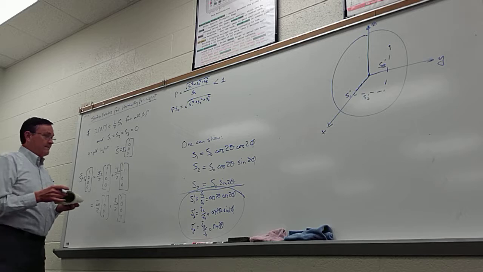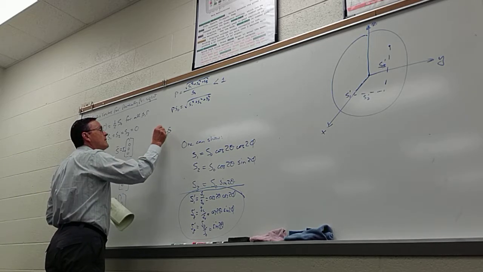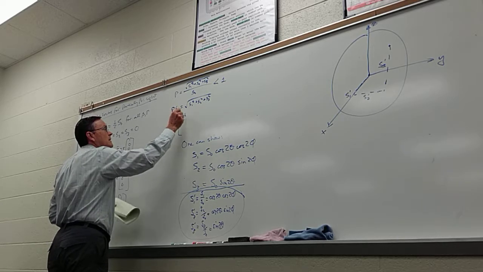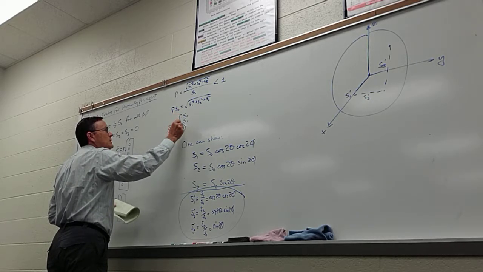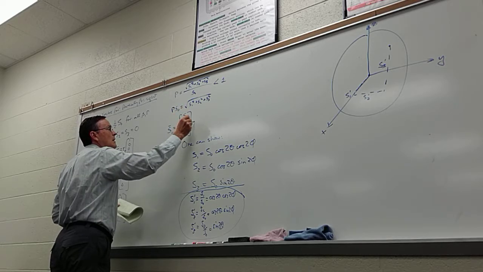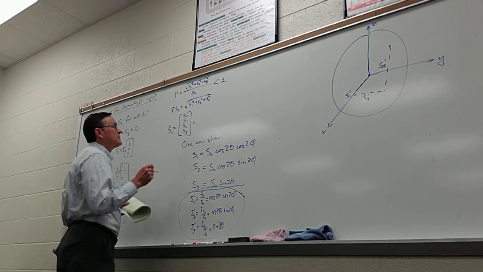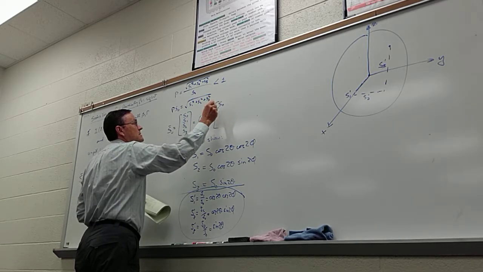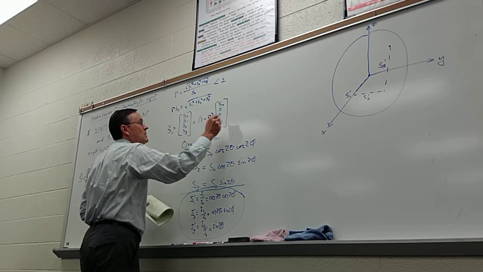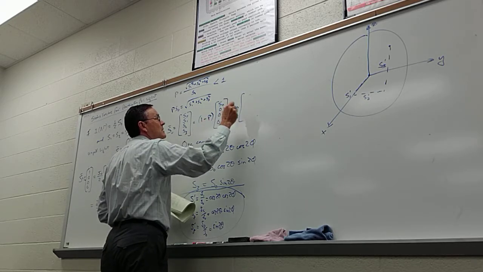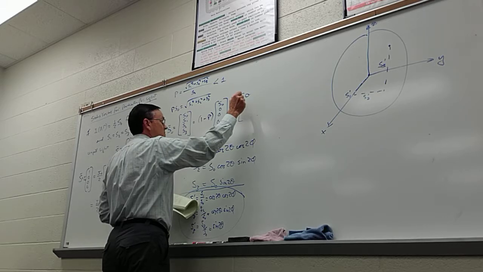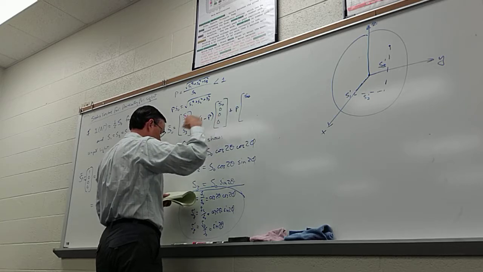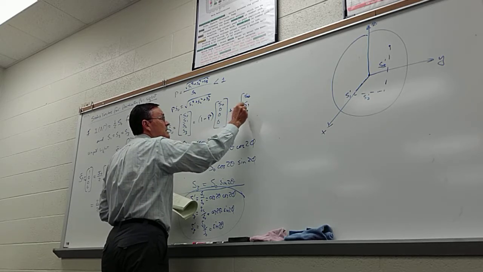Which means that if I start off with a Stokes vector, S0, S1, S2, S3, I could rewrite it as (1 minus P) times S0, 0, 0, 0, plus P times S0 times S1, S2, S3 (normalized).